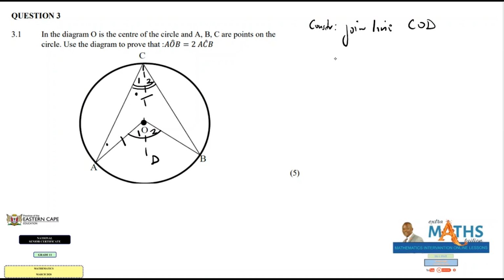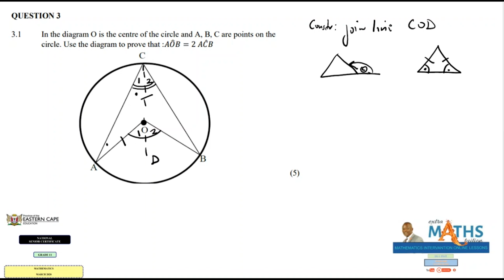Guys, for this theorem, I want you to remind yourself of these two things that we spoke about when we were introducing this diagram. If you forgot, please go back to my previous video and check what we talked about. Right, if we have an isosceles triangle, we said this angle has to be equal to this angle.